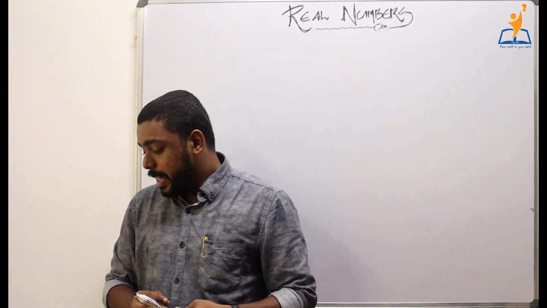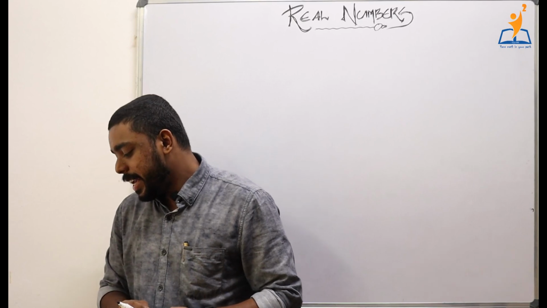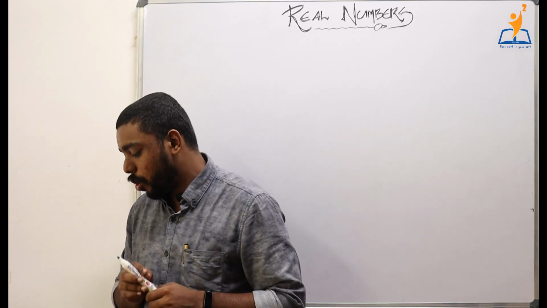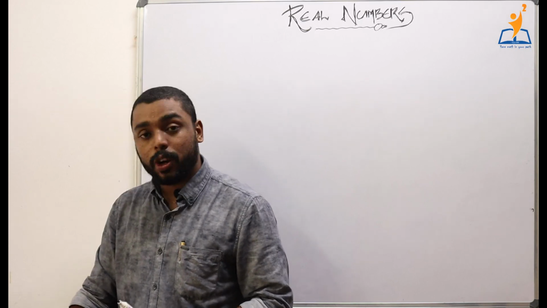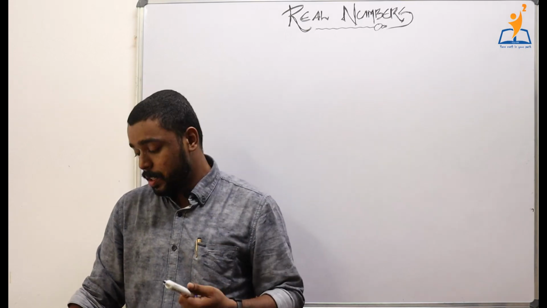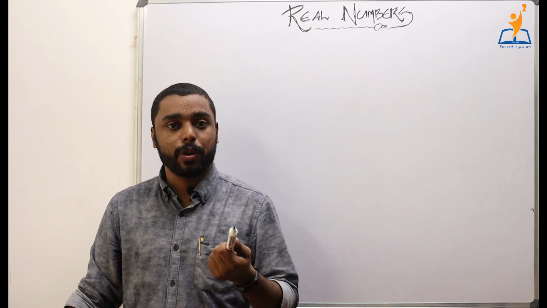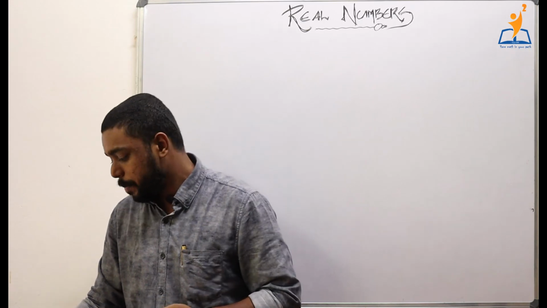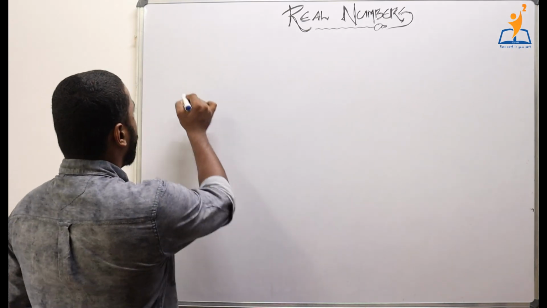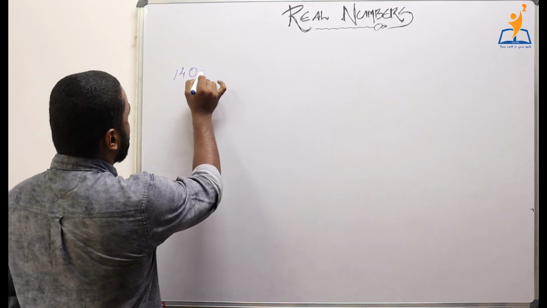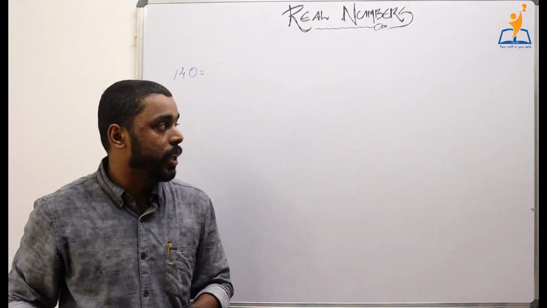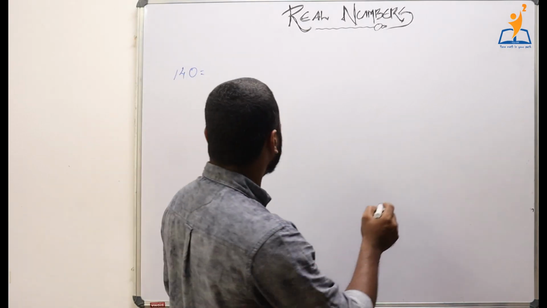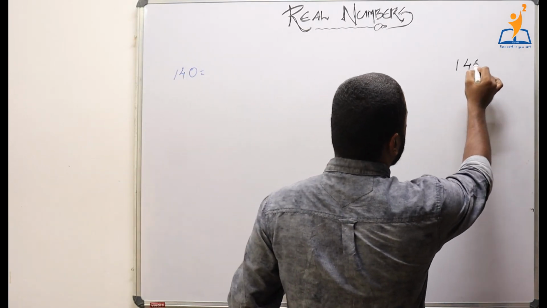Clear? The next example is to express each number as the product of prime factors, and you are given 5 numbers. We are doing only 2, but you can do the rest by yourself if you understand it properly. The first is 140. We are asked to find the prime factors of 140. It is enough to divide this by the prime divisors.